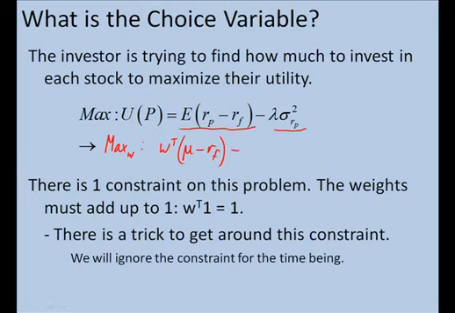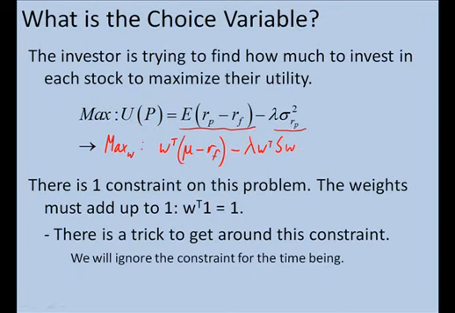Then we're going to subtract off lambda times the portfolio variance. And we've seen that portfolio variance can be written as W transpose S W, where S is the variance covariance matrix. Now you can see what we're trying to maximize. We're going to choose our weights and maximize expected utility by changing the weights that we invest in each stock.